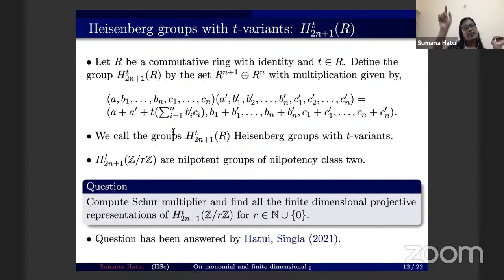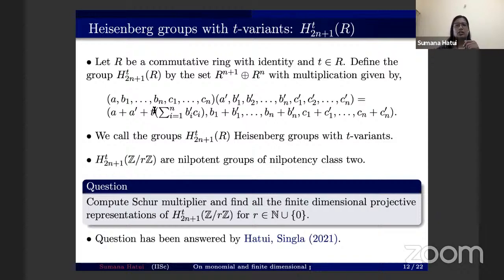The corner element is A, the last column other elements are B1, B2, up to Bn, the diagonals are 1, and the first row is C1, C2, up to Cn. Other entries are 0. If you consider it as a matrix, then for T equal to 1, that is just matrix multiplication like this. But you can define this for any T actually.